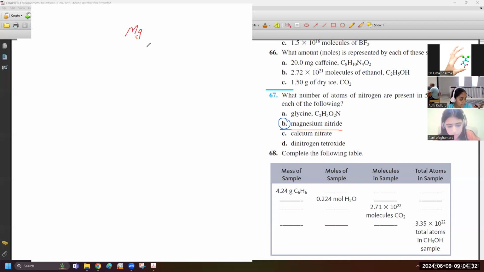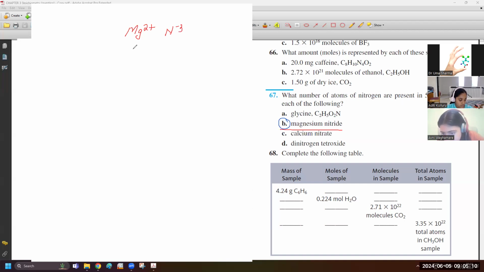Are you okay? Is your health okay? What is the charge on Mg? Aditi, look at the periodic table. 2 plus. Charge on nitrogen. Minus 3. Make the formula.